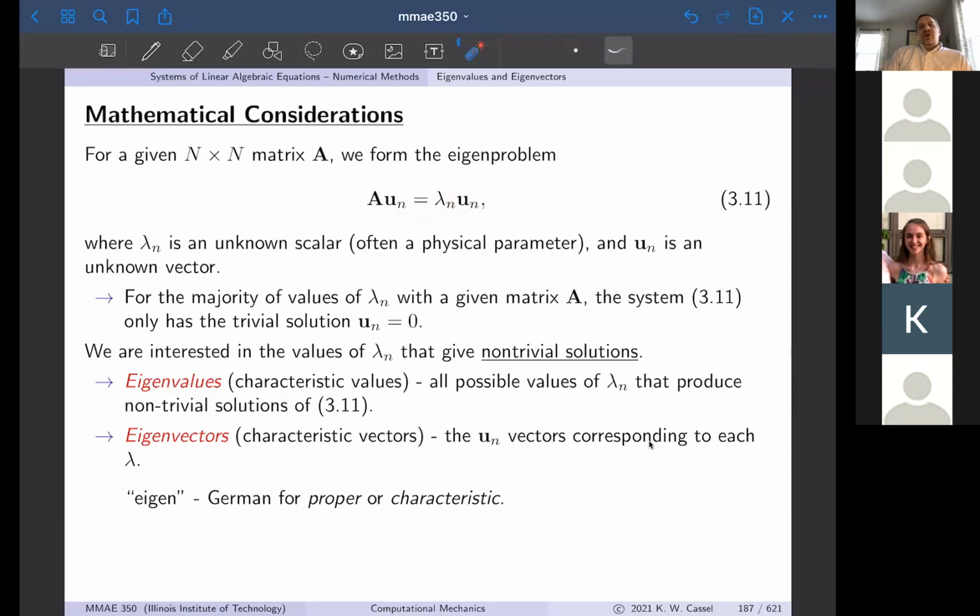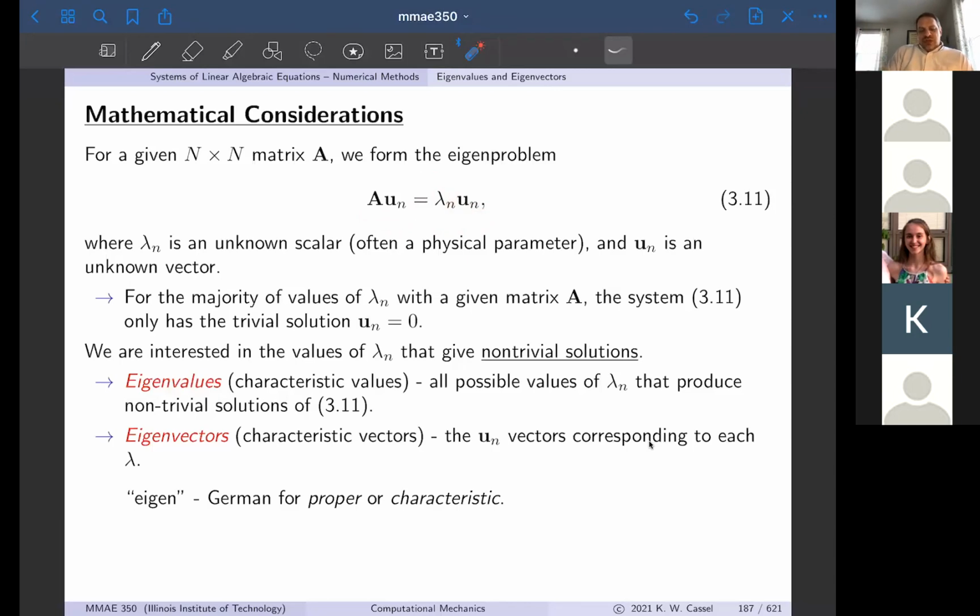So for the vast majority of values of lambda, the solution vector U is just zero. It's the trivial solution. So for most values of lambda, there is no solution to the system of equations, and so we don't have an eigenvalue and eigenvector.